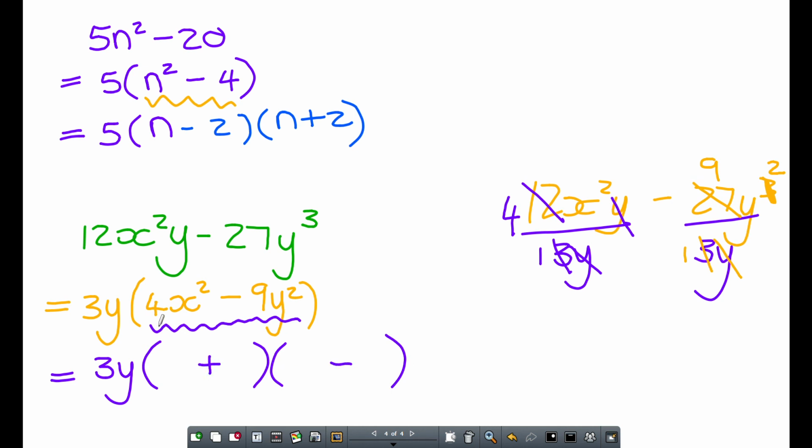What is the square root of 4x to the power of 2? 2x. Good. What is the square root of 9y to the power of 2? There we go. Look how clever you are. Awesome. Okay. Are we good?